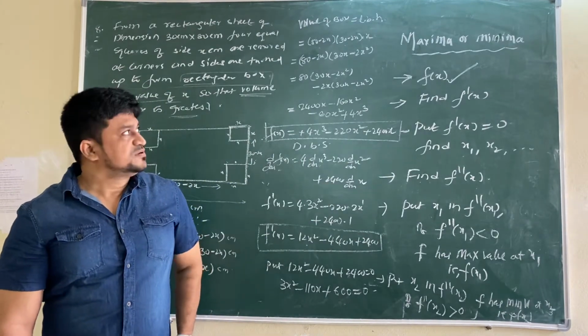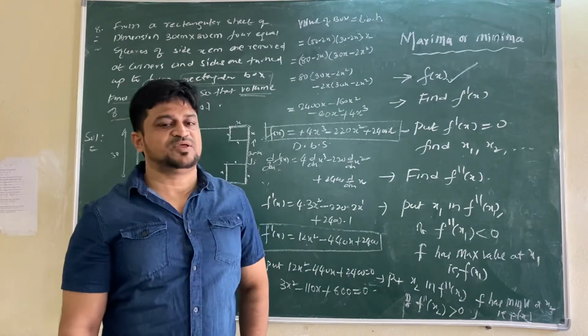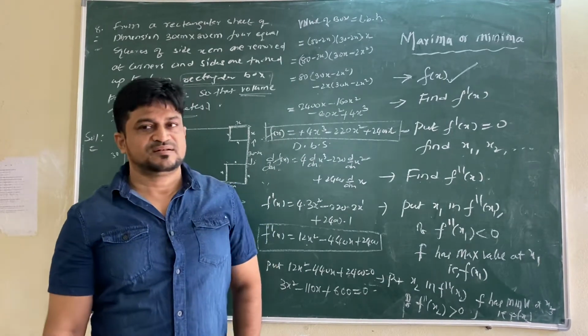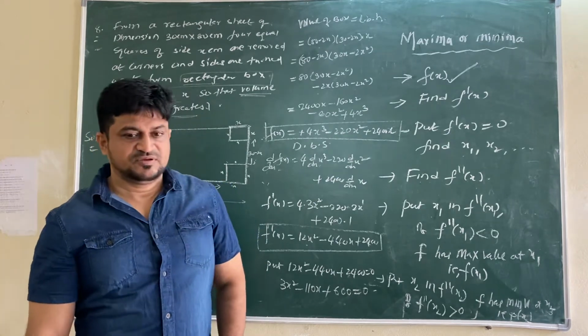To find maxima and minima, you can write the steps. Step 1, we have to get f of x. Step 2, we have to get f dash of x.